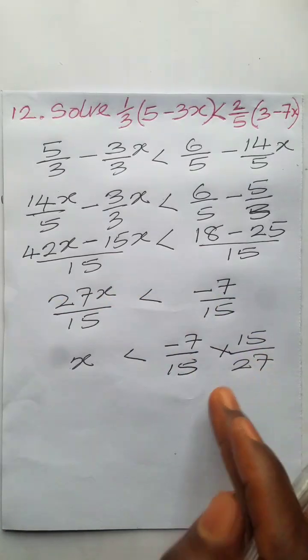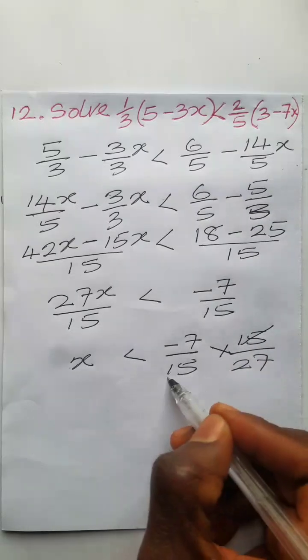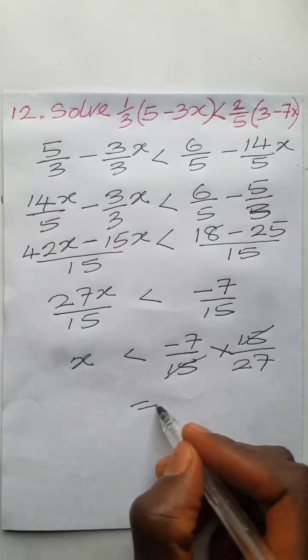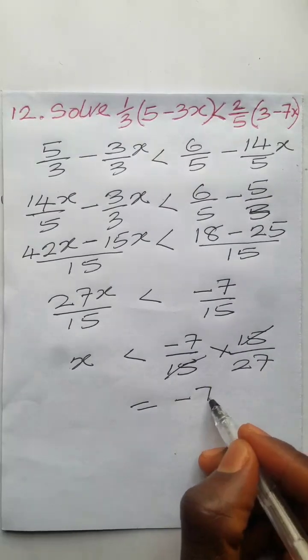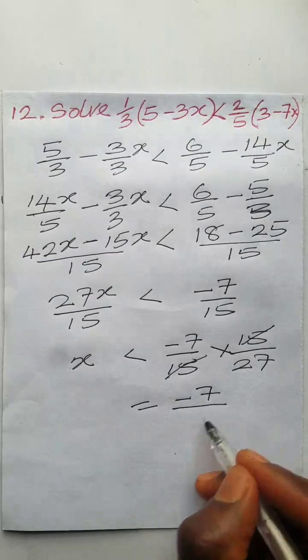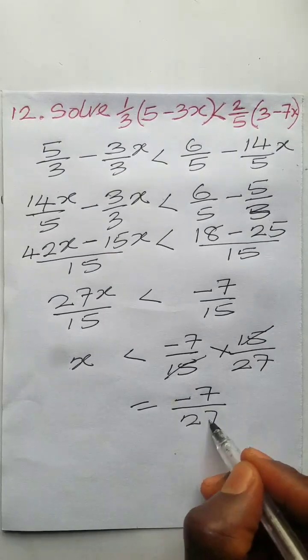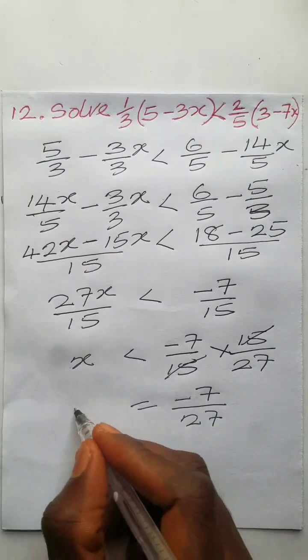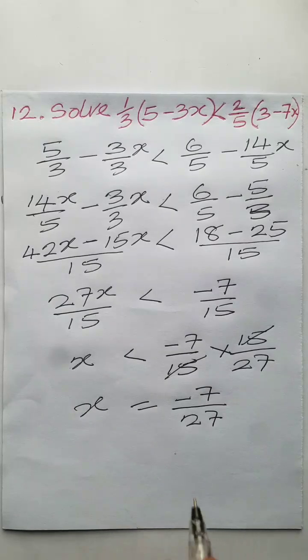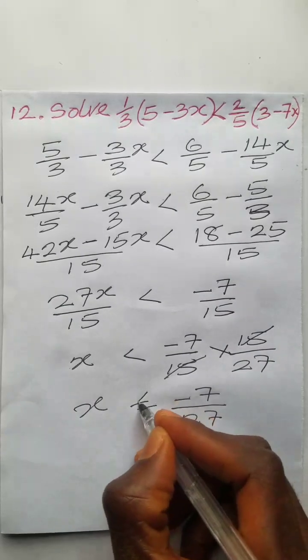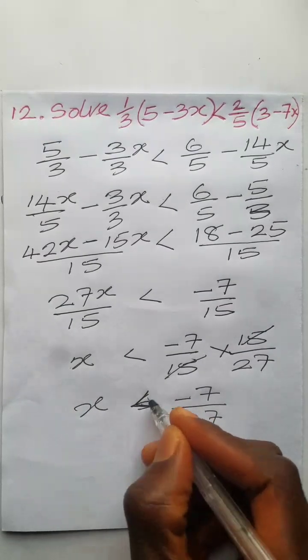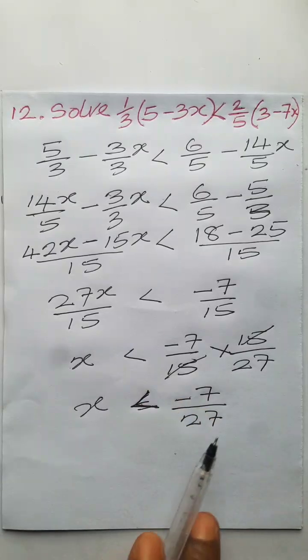Turn it upside down. So you have 15 cancelling out 15, and what are you left with? The entire numerator is minus 7 and the denominator is 27, and nothing can cancel. So that is the value of your x. Sorry, our sign is actually less than. So that is your answer.